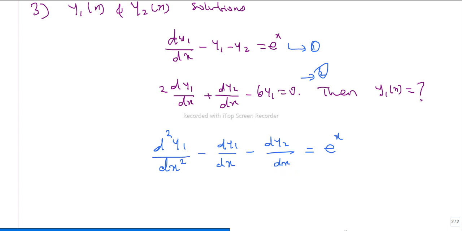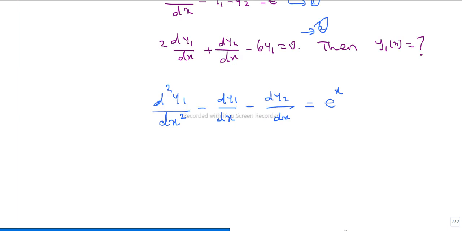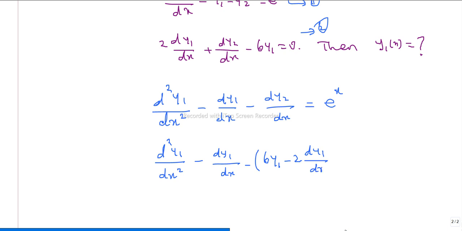So you get d square y1 by dx square minus dy1 by dx minus this one, which is nothing but 6 times y1 minus 2 times dy1 by dx, equal to e power x.